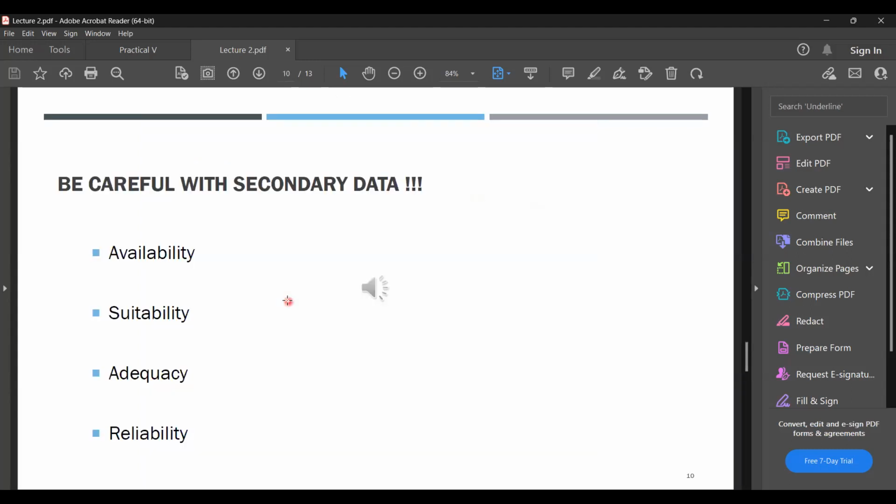However, if you are using secondary data, we have to be very careful because of these reasons. First of all, you have to check whether these data are available or not, right? And the other one is whether this secondary data is suitable for the objectives of your research, right?